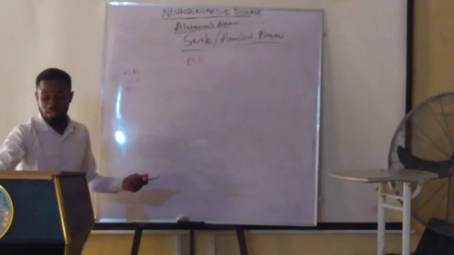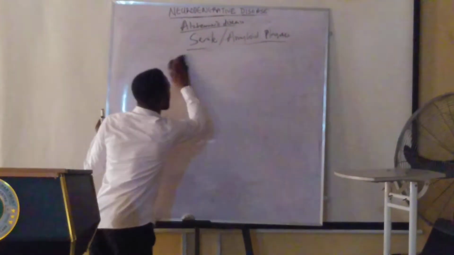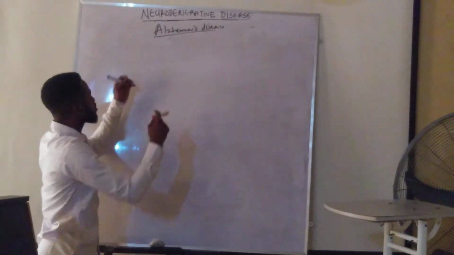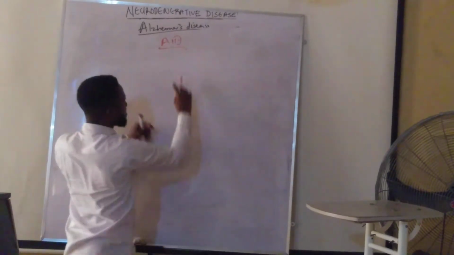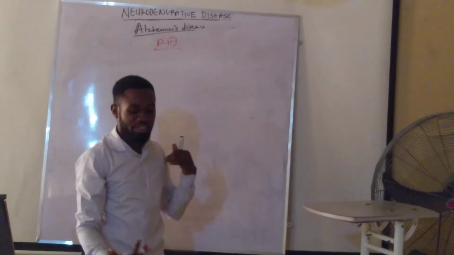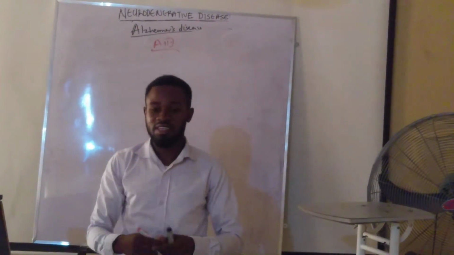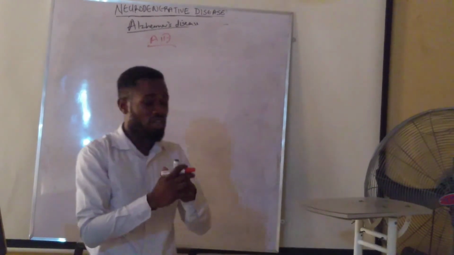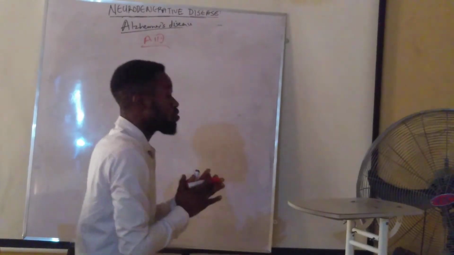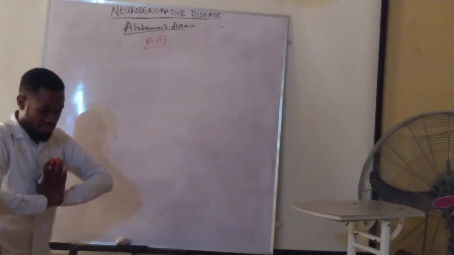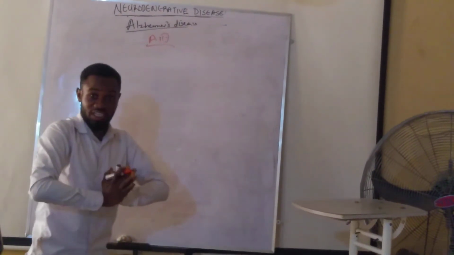We talk about Alzheimer's disease as a progressive neurodegenerative disease that affects visual expression, memory, language, and some neurobehavioral activities of the patient that is affected by it.